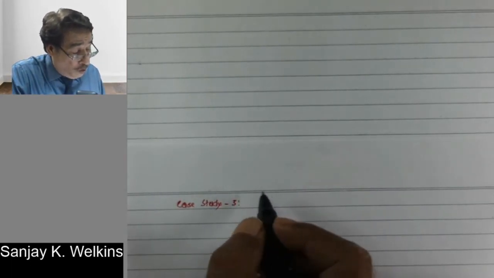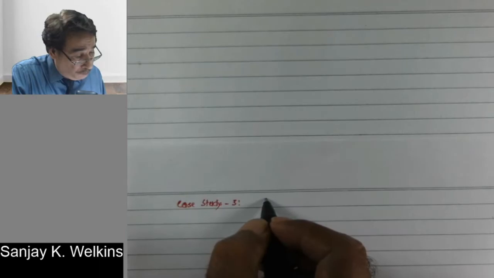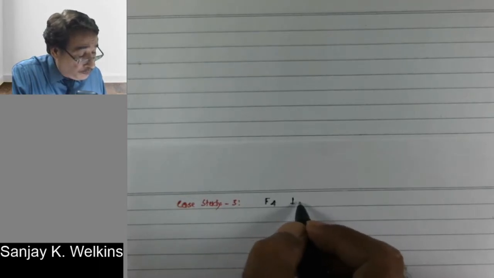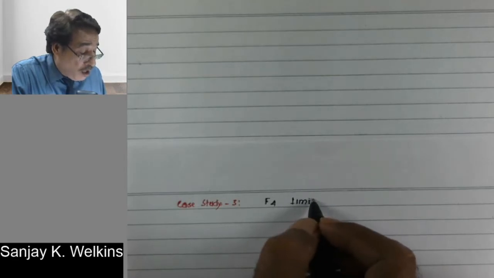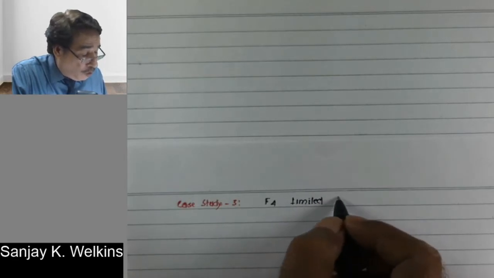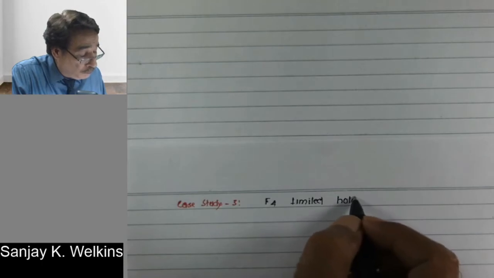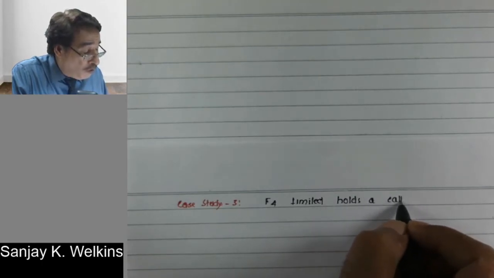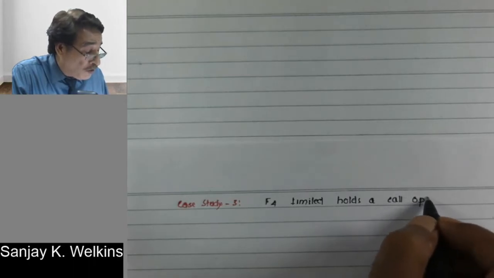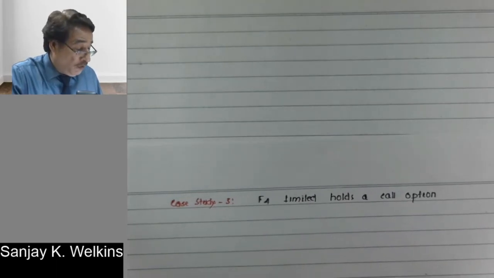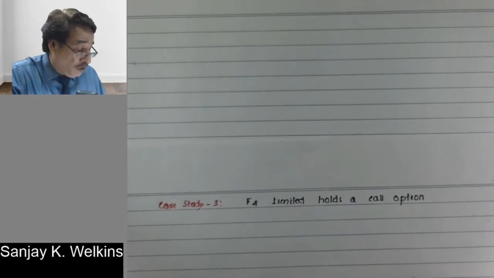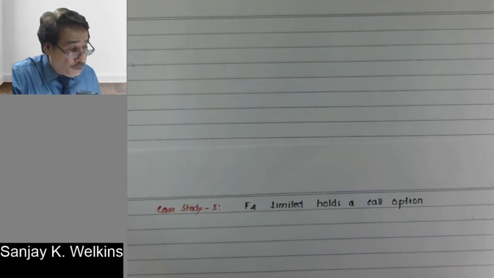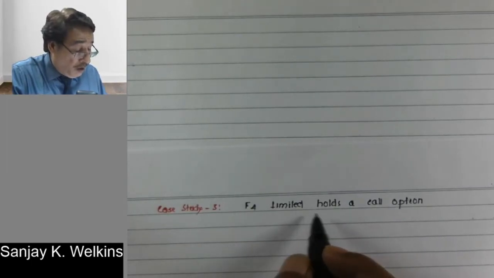Okay, right. F4 Limited holds a call option. A call option is a term which you should be familiar with, and you have gone through such terms so many times in your financial management paper and SFM paper. Correct?